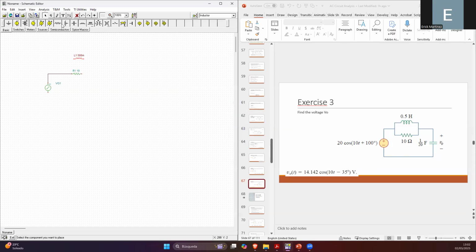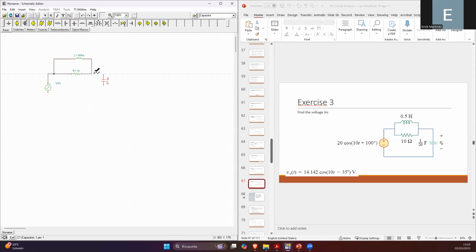Remember that this inductor is in parallel with the resistor, so you need to make this connection in parallel also in the diagram here in the software. And also we need the value of the capacitor. We click here on basic and you can place the capacitor, and this is connected in this part.